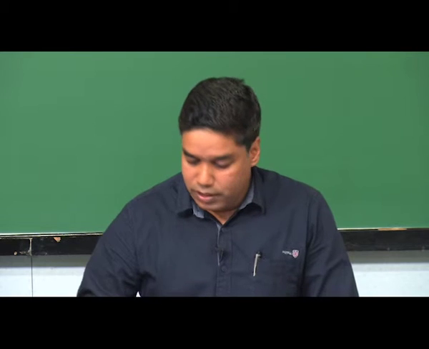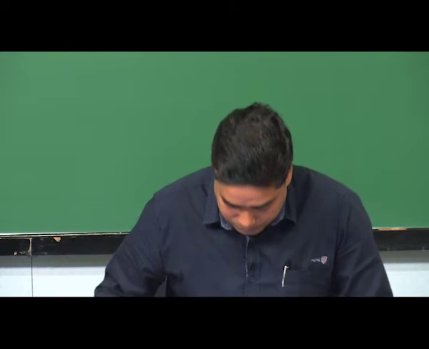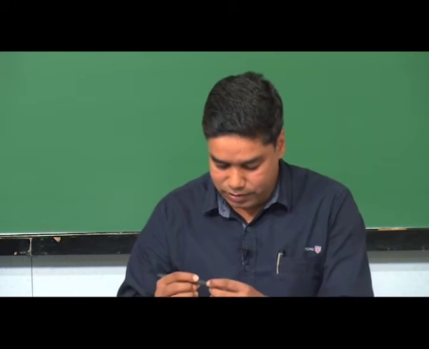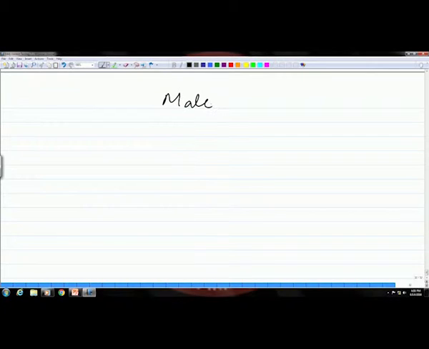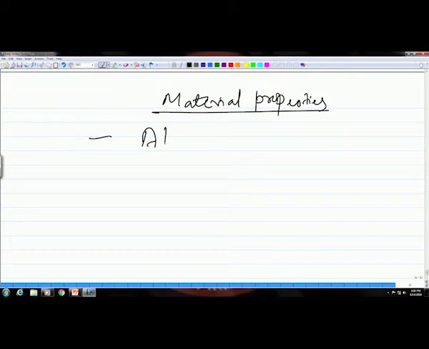Okay. So, if you talk about the material properties first, the factors related to materials are these: the composition or the chemistry of the material.